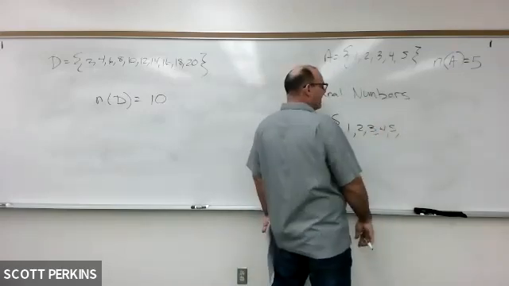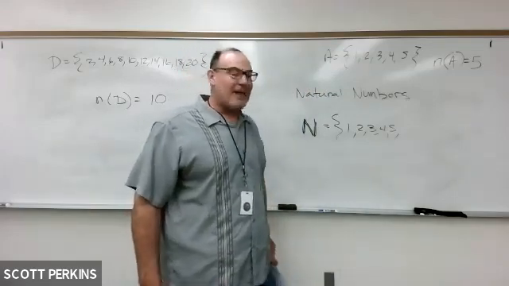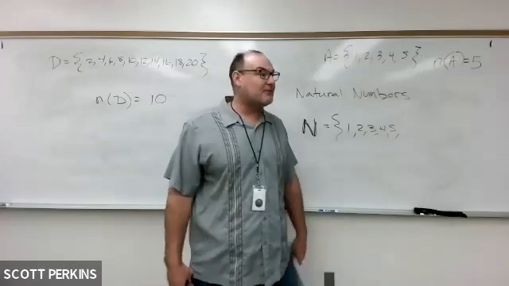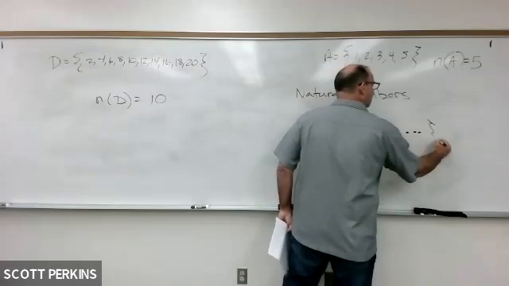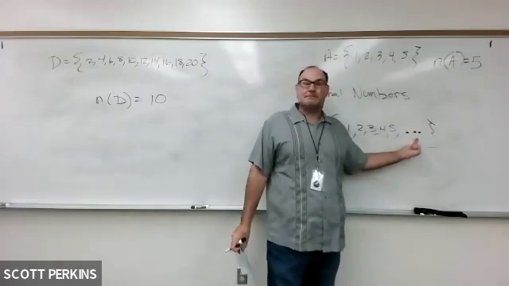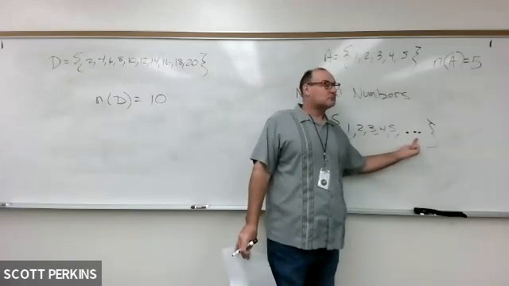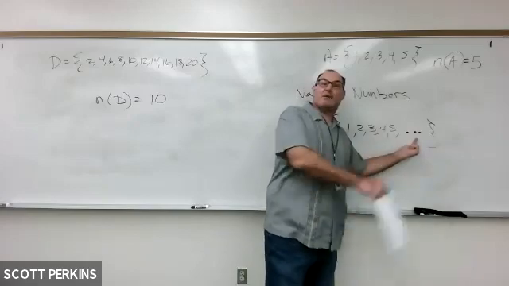You just keep adding 1. Now, this is a large set, an infinite set, because you never stop counting, and I don't have the time to write down an infinite number of numbers. So I'm going to write 3 dots right here. Anybody know what these 3 dots mean? Yeah, it just means to keep following this pattern.